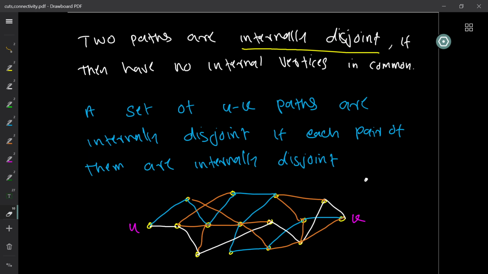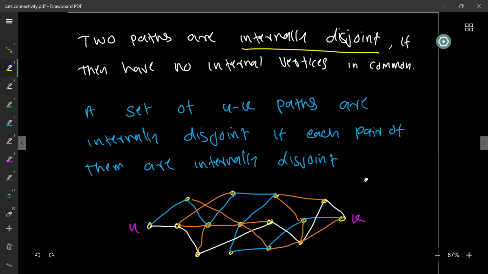Okay. Now, suppose you have a set of UV paths that are internally disjoint. How do you define this? A set to be internally disjoint, right? If any two of them are internally disjoint, then we say the set of UV paths is internally disjoint. So here are some examples.